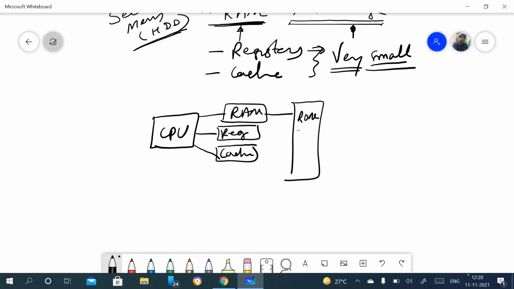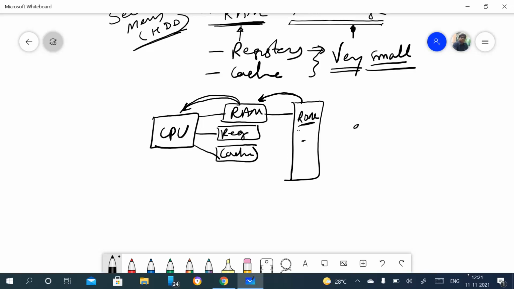That's why, when we want to execute any process or program which resides on the secondary disk, we first need to bring it into the primary memory, and from primary memory to the processor for execution.